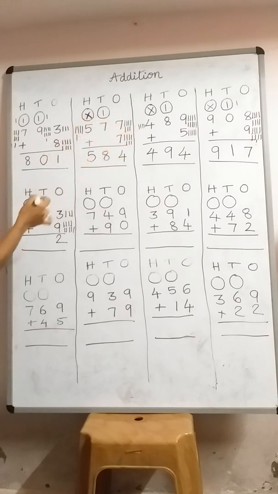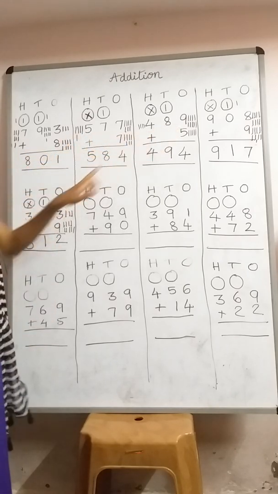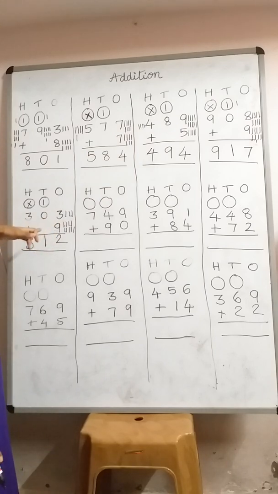As I said, we have only 1 here and the number below is 0. So we do not have any number there. So write the number 1 down. No number, no children. So what do we need to write? Only 3. 312.